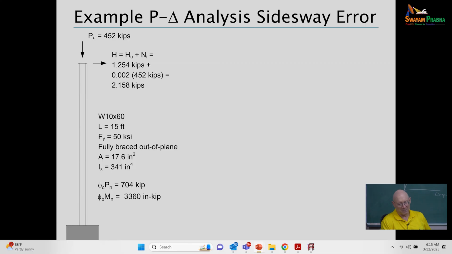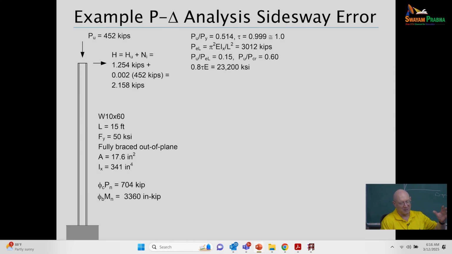Again, everything is in imperial units, and things are set up where the tau factor is essentially 1, but we've got a P over Py that's just starting to very slightly become larger than 0.5. That's where the tau factor starts to become less than 1 in AISC. We've got a Pu over Pe, with capital L for the length of this element, that's 0.15. A Pu over the elastic critical load for the cantilever is then 4 times that, 0.6.